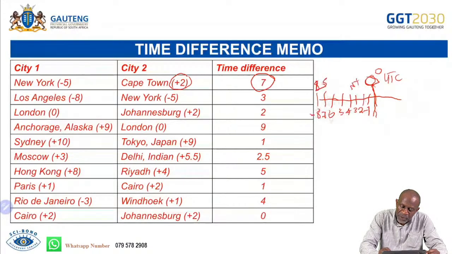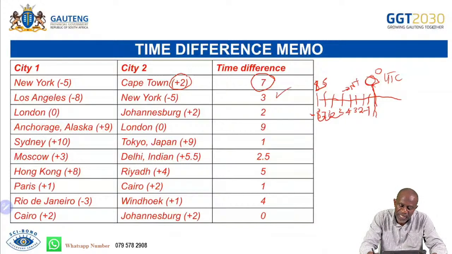So we want to know the time difference between the two cities, and as we count back from -5, which is our New York, we would say 1, 2, 3, and this gives us the time difference of 3.